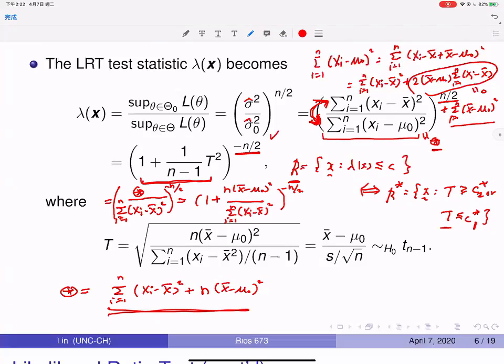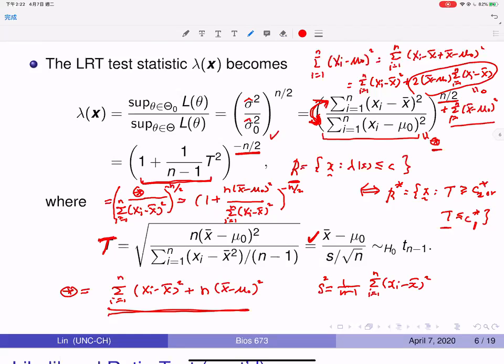Okay, so then I purposely create the so-called t statistic, which eventually is this equation right here: x bar minus mu 0 divided by s divided by square root of n. Of course s right here, it's s squared equals 1 over n minus 1 summation i from 1 to n, then xi minus x bar, then taking square.